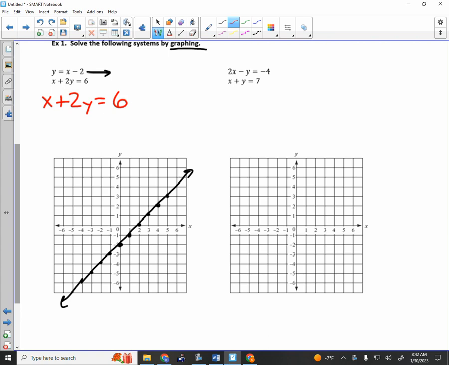So that means it has an x-intercept of 6. And then you can plug in 0 for x, and you come up with 2y is 6. So what would y be in that situation? 3. And I graph the line between those two.